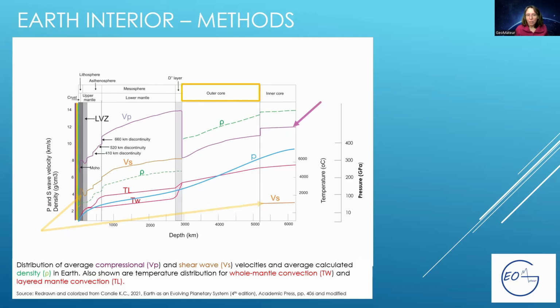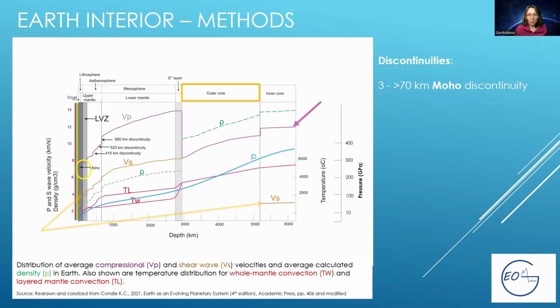Observing how the velocity changes with depth, it's possible to notice the depth at which the velocity changes drastically. It means the seismic waves penetrate a medium with different physical parameters, and the sudden change in parameters is known as discontinuity.